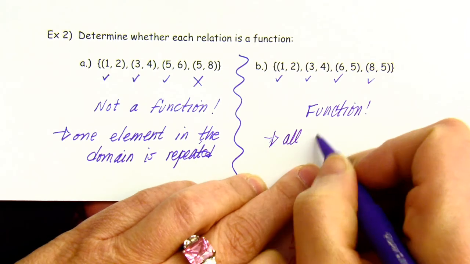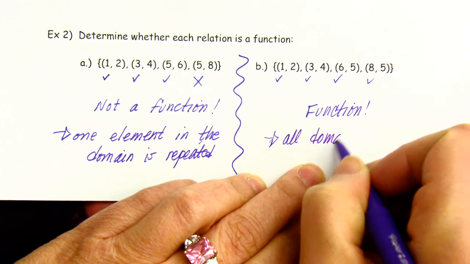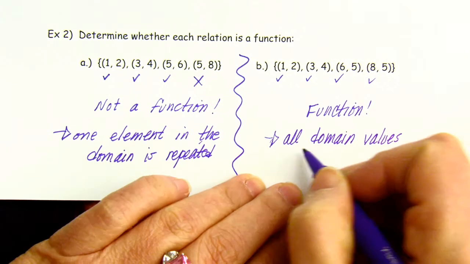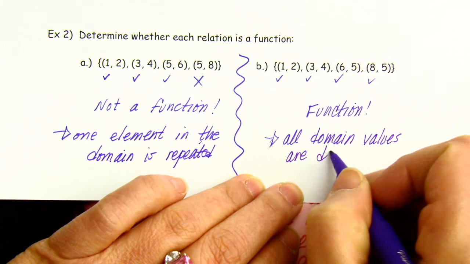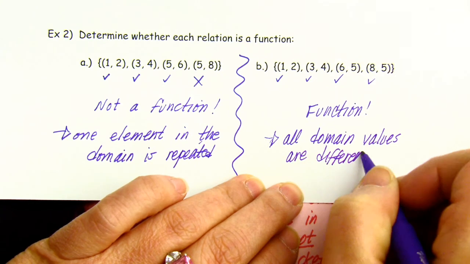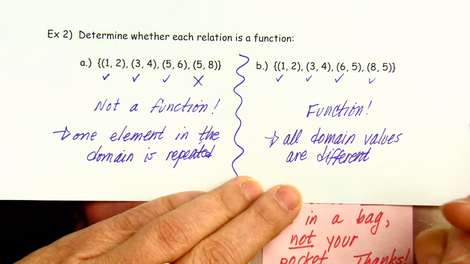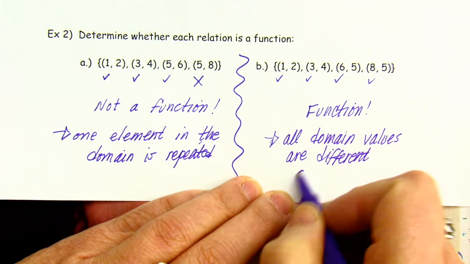Or all domain values are different. We could also say here the function is 1-to-1.